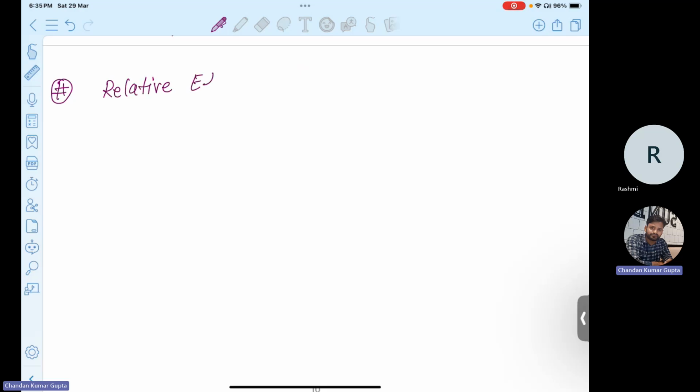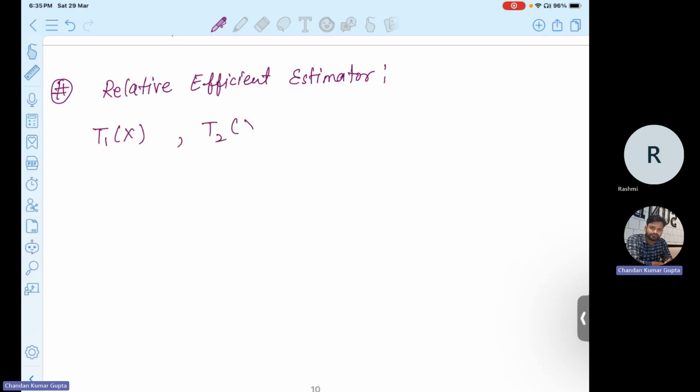Suppose we have one estimator T1(x) and another estimator T2(x), and both are unbiased estimators of theta.